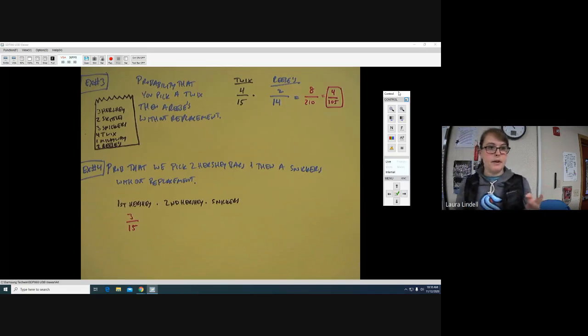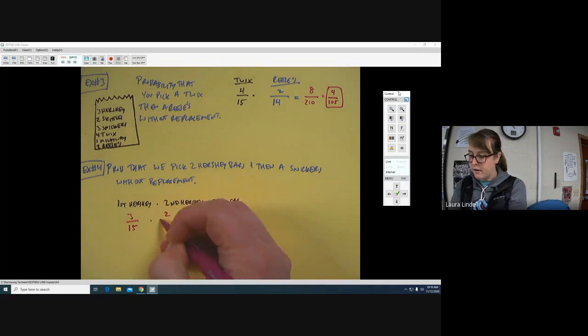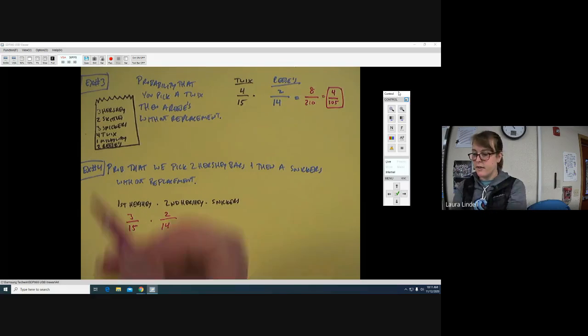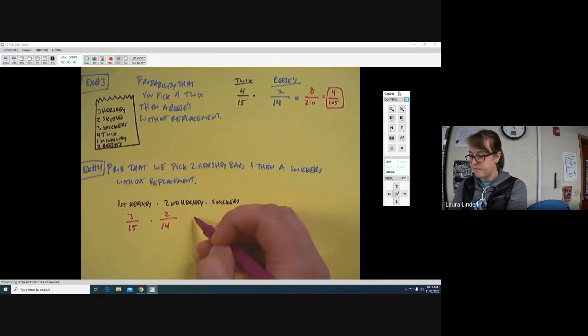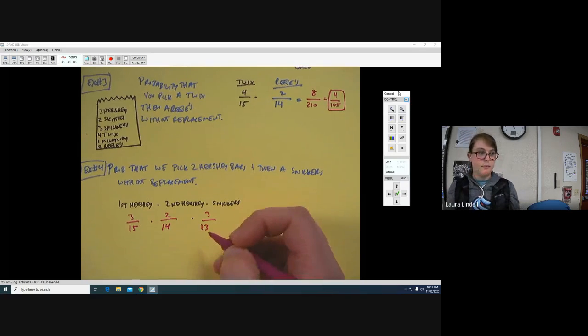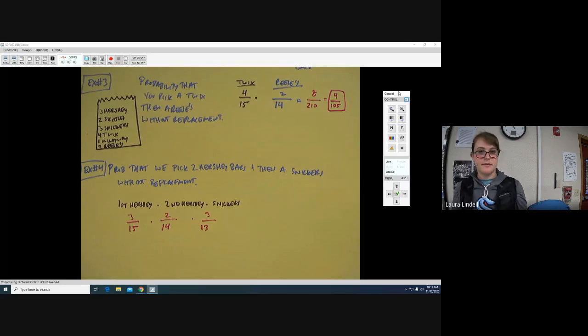The second time I pick a Hershey bar, though, I've eaten one of them, so there's only 2 Hershey bars left out of 14 candy bars. So if I eat one of them, there's only 2 of those left, and there's only 14 candy bars left. But then for the Snickers, there's still 3 Snickers in the bag. But now there's only 13 candy bars left in the bag because I've already eaten 2 Hershey's.